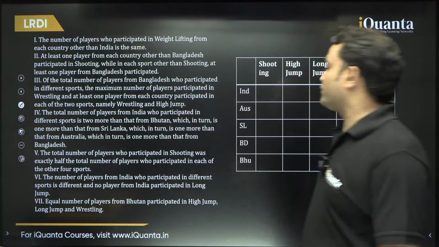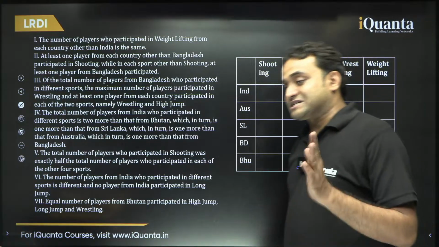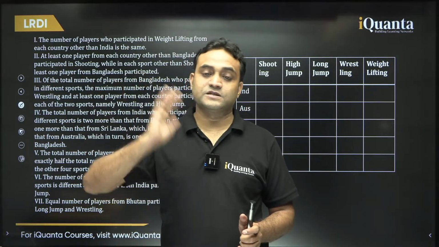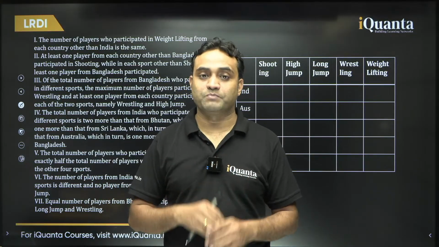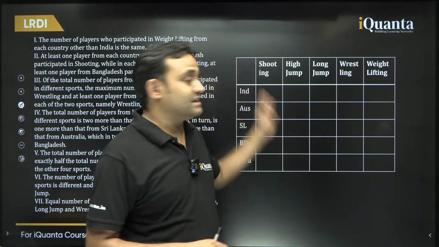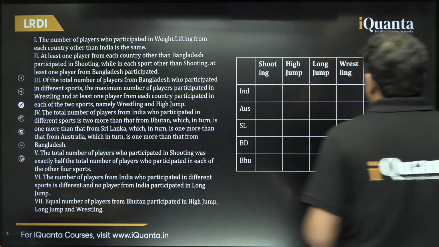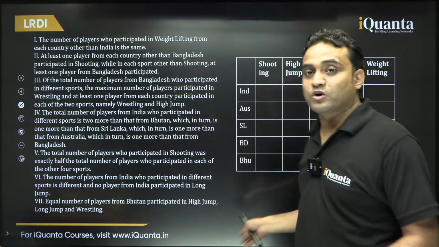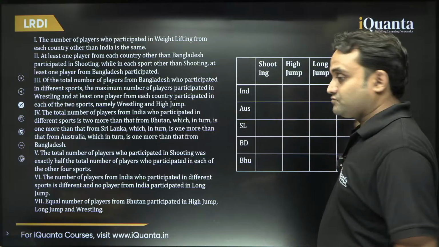So, what do we need? Till now, you must have realized that we have 5 countries, 5 sports. In each sport, there will be some number of players who are playing. So, for that, we need a table: 5 columns for 5 sports, 1 column for country name, and same rows.